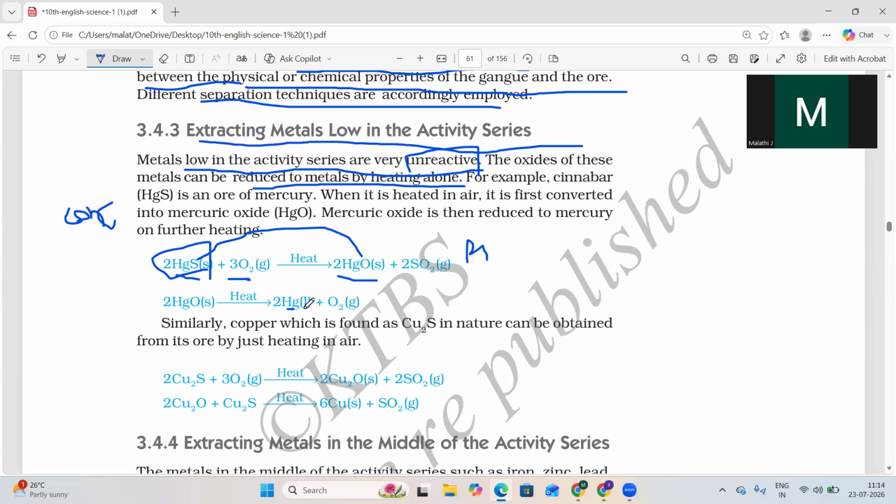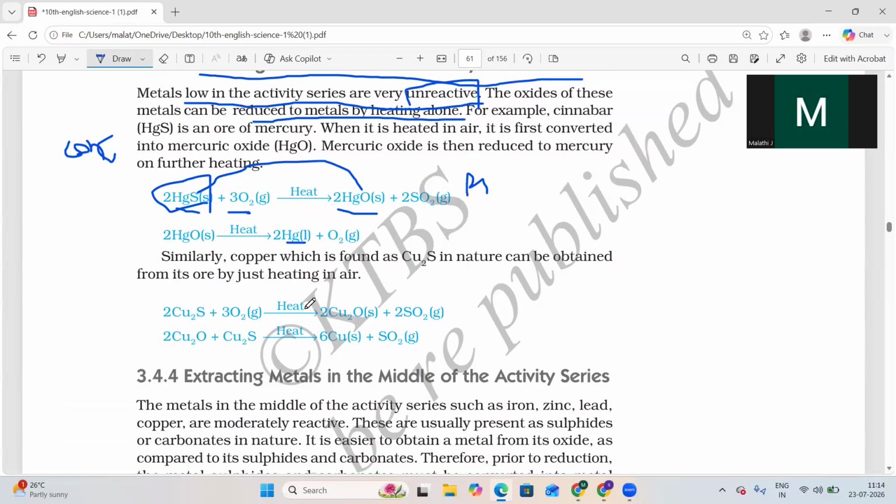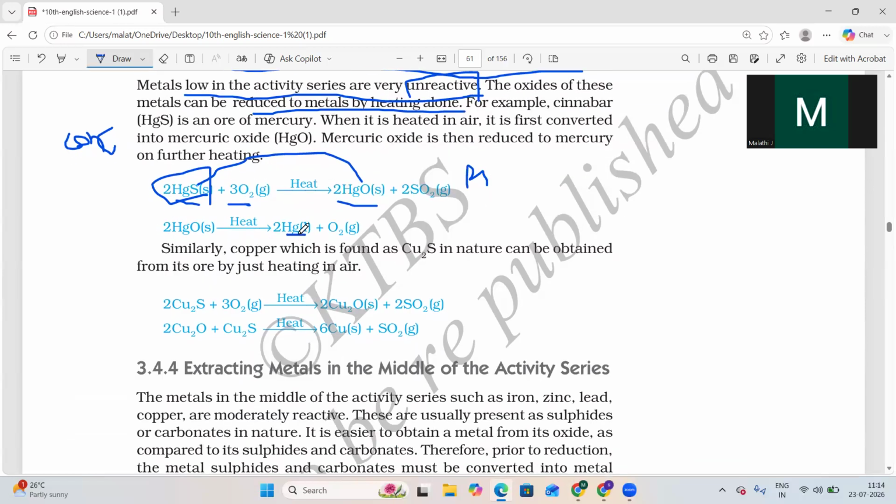You will get the metal. This metal is not completely pure; we get almost 90% pure metal here by removing the mud particles and converting the sulfide ore into oxide ore. Then if you heat that oxide ore, you get the metal.